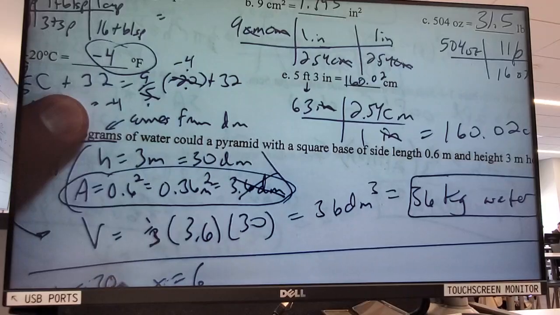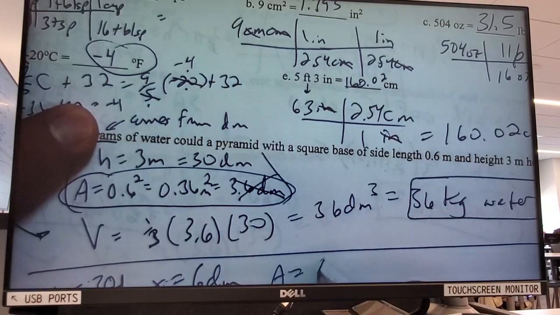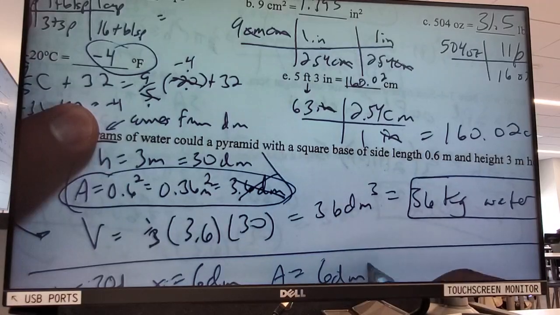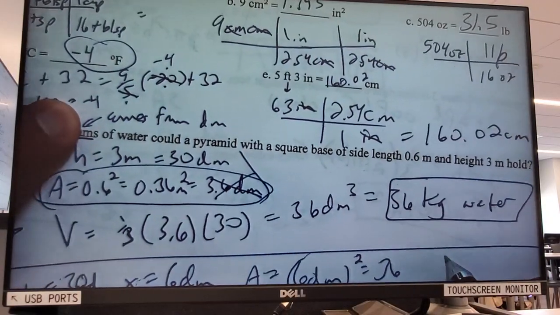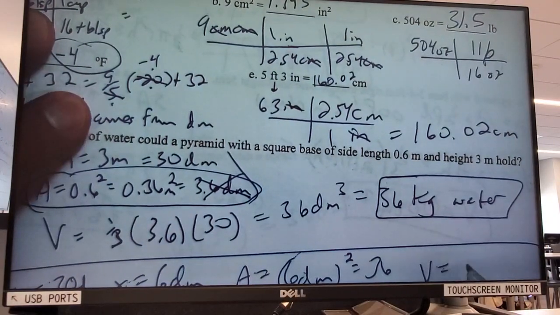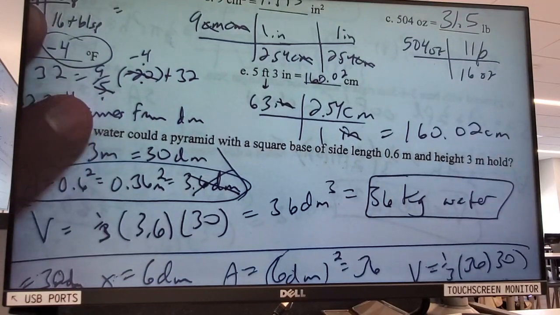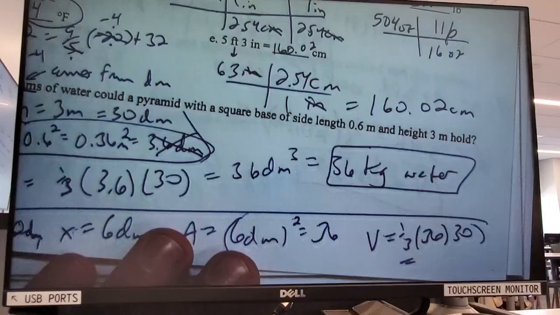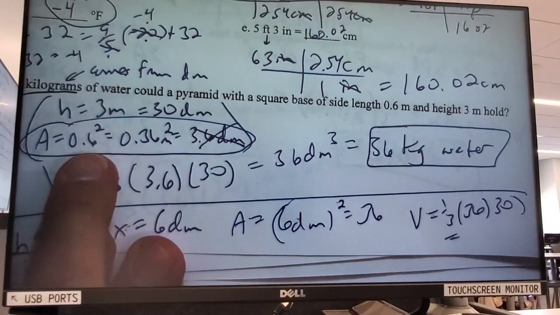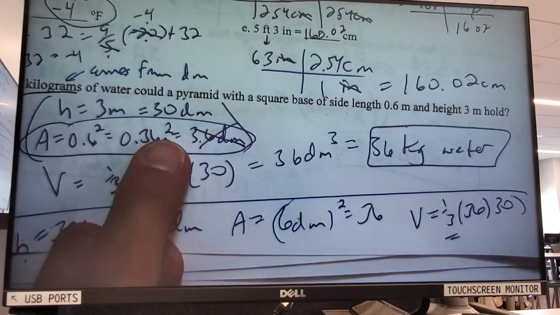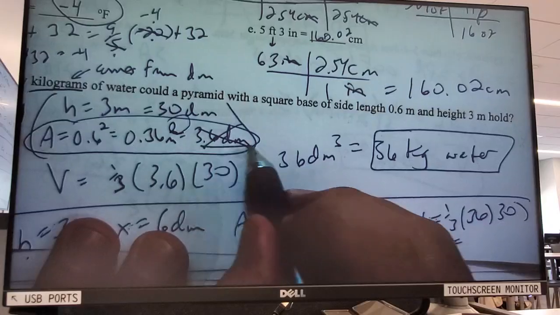Oops, this should be 30 decimeters. X equals 6 decimeters. So then the area would be 6 decimeters squared, which would be 36. And then the volume would be 1/3 times 36 times 30. So I'm off by a factor of 10. I squared 0.6. I didn't have a square here, so I just converted.